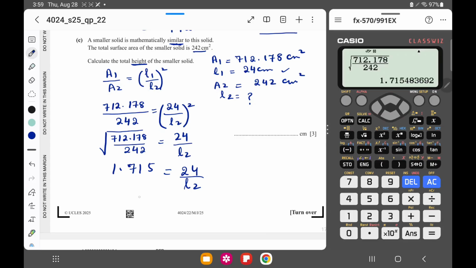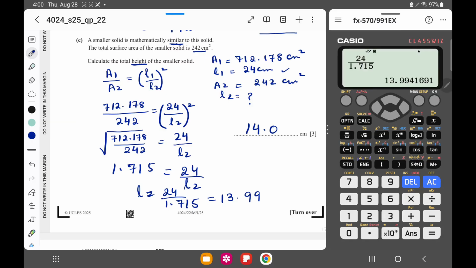So L2 will be equals to 24 upon 1.715, and that is coming 13.99, or you can write down 14.0 corrected to three significant figures, or 13.98 or 13.99. All these answers are acceptable.